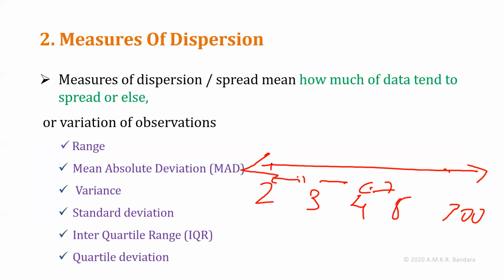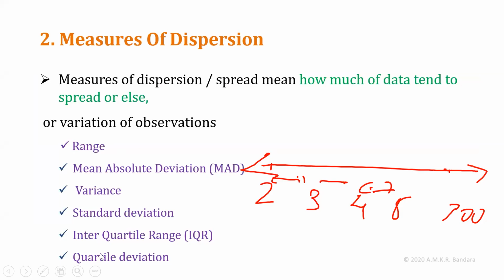We have several measures for measuring dispersion also. The first measure is the range. The second is the mean absolute deviation. The third is the variance. The fourth is the standard deviation. The fifth is the interquartile range.